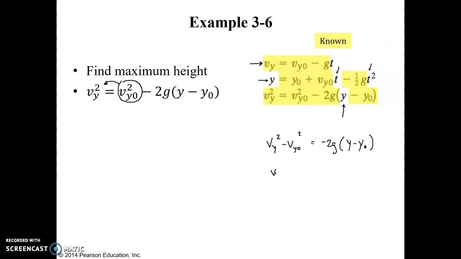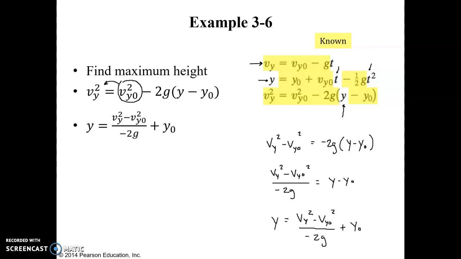And I'll have vy squared minus vy naught squared divided by negative 2g equals y minus y naught. And then y will be equal to vy squared minus vy naught squared over negative 2g plus y naught. And that's exactly what I have right here.